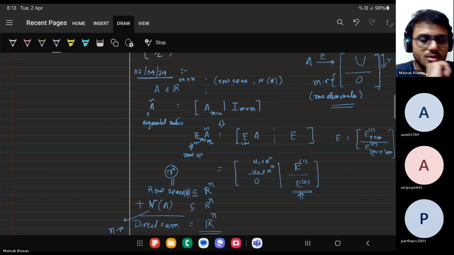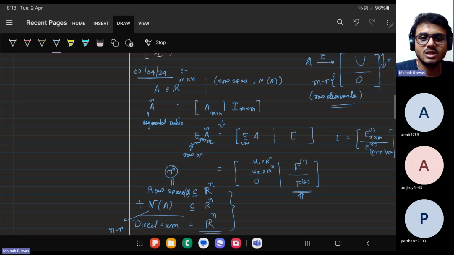Simple. So you appended E with A, and then E2 with A, and you obtained 0. So it is giving the null space, I guess. Null space.